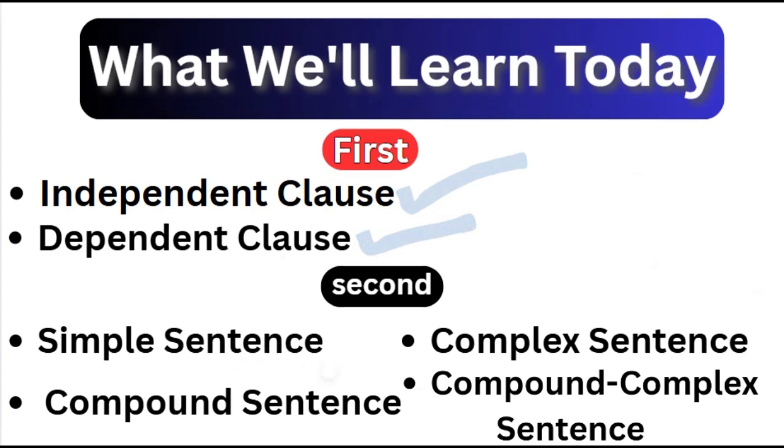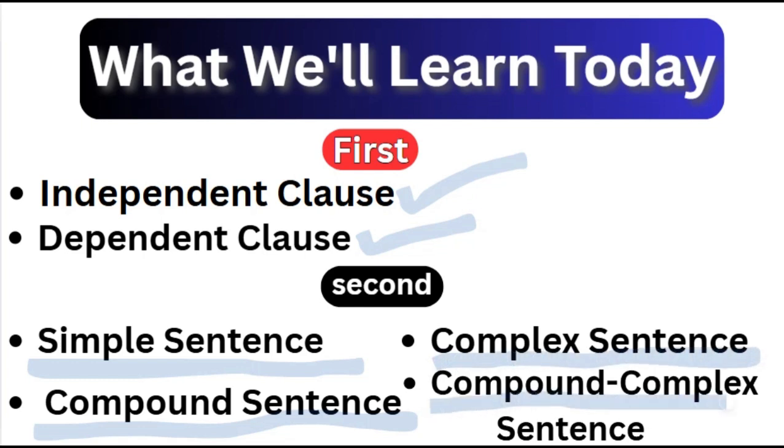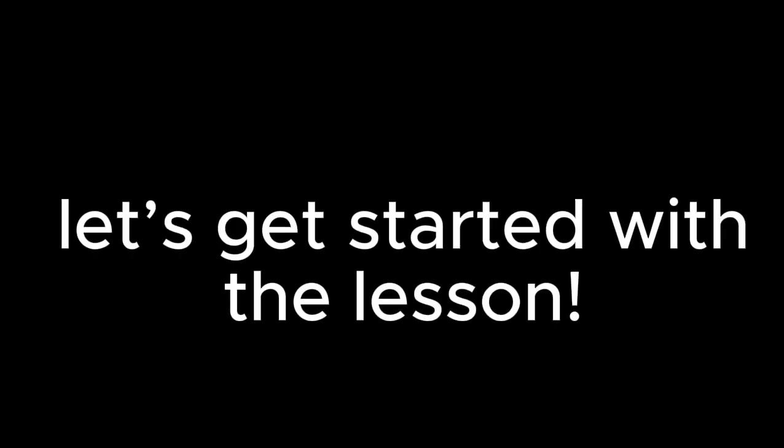After that, we'll explore the four main types of sentences: simple sentence, compound sentence, complex sentence, and finally, compound complex sentence. If you understand these topics well, your foundation in English will become much stronger. So without further delay, let's get started with the lesson.